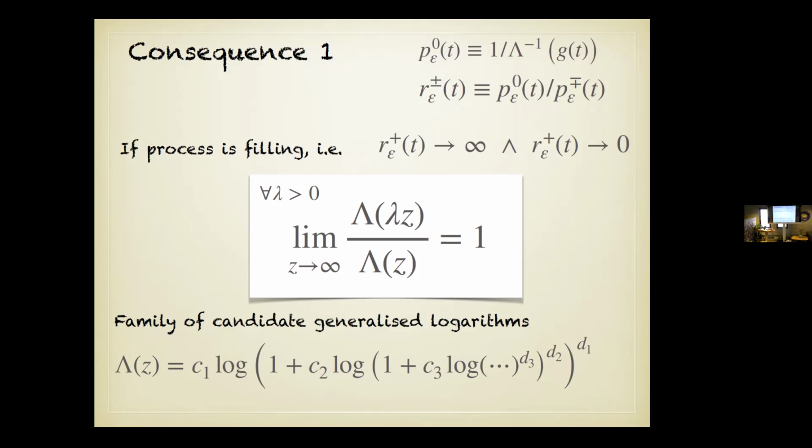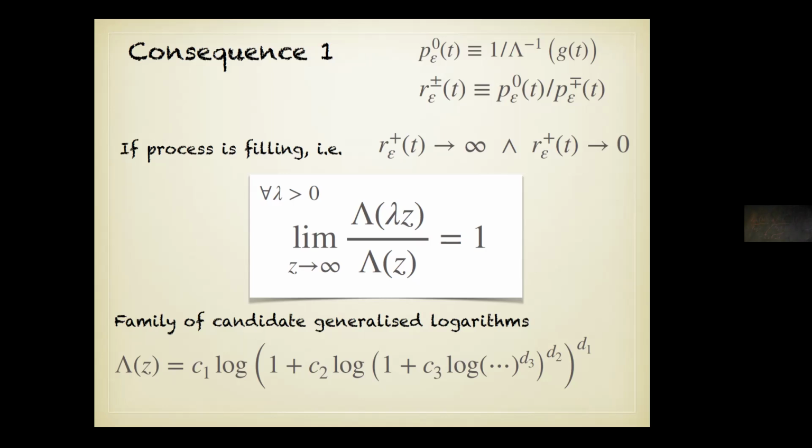So that's a property that, for instance, is true for the usual logarithm. If you have log lambda z divided by log z, this is log z plus log lambda divided by log z, and the first part goes to 1, and the second part goes to 0, so this goes to 1.